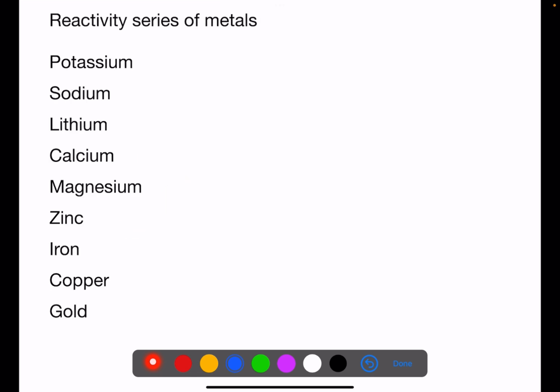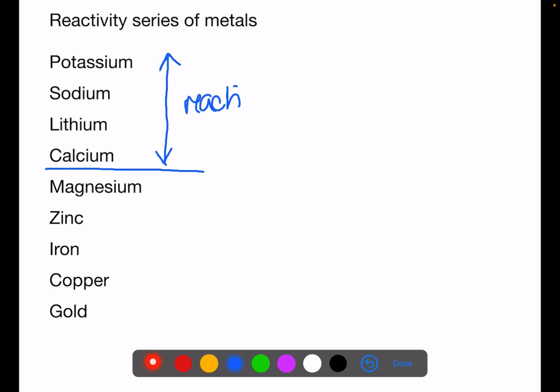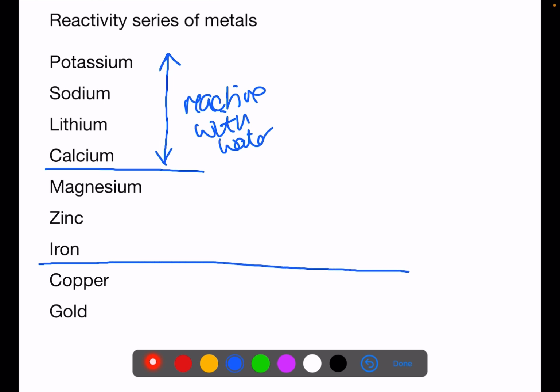If we put these into order, we get a reactivity series. We can, on the reactivity series, show where things will react. At this point here, these metals react with water. If we put in a point here, everything above here would react with acid.